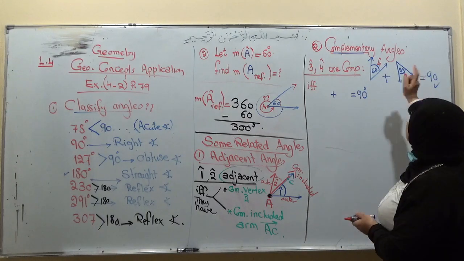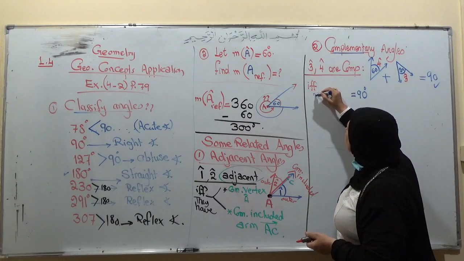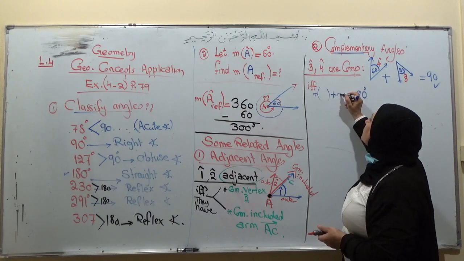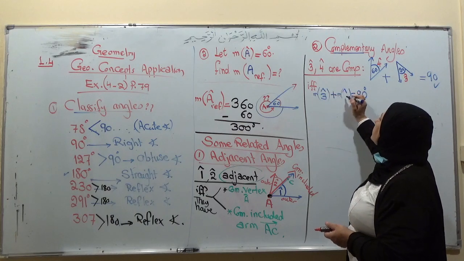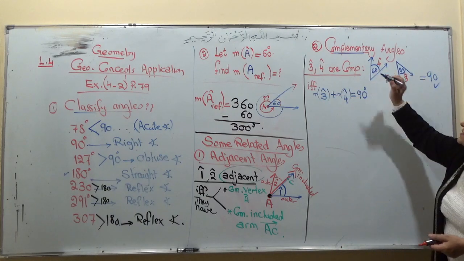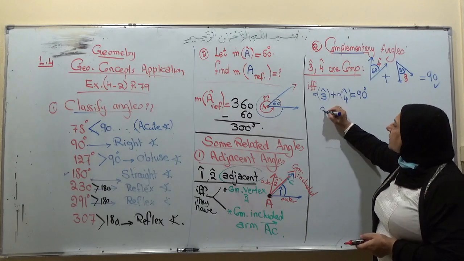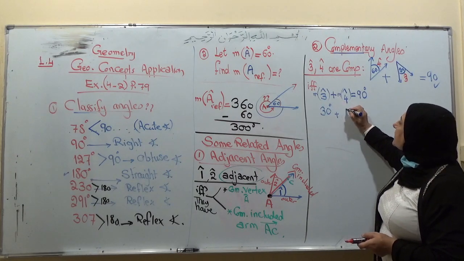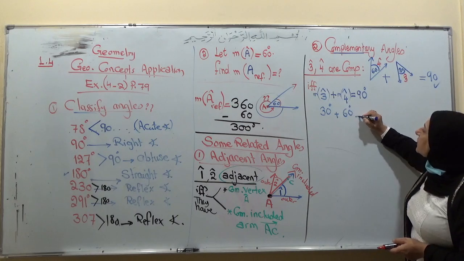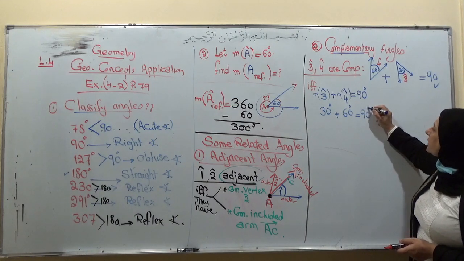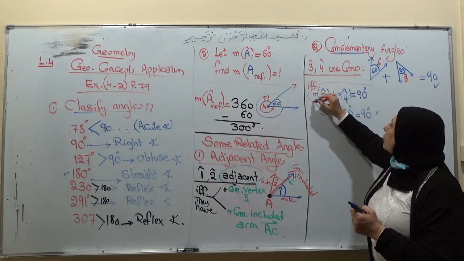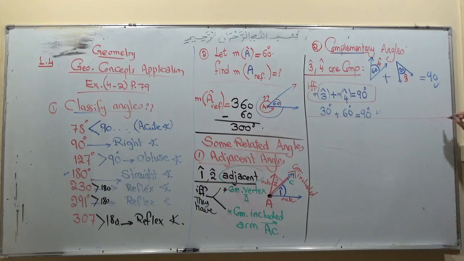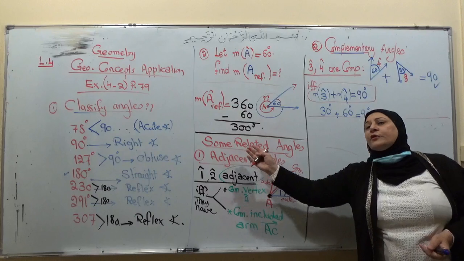It means the measure of angle 3 plus the measure of angle 4: 30 degrees plus 60 degrees equals 90 degrees, and this is the condition. Exactly 90, so they are complementary angles. So adjacent angles is the first relation.